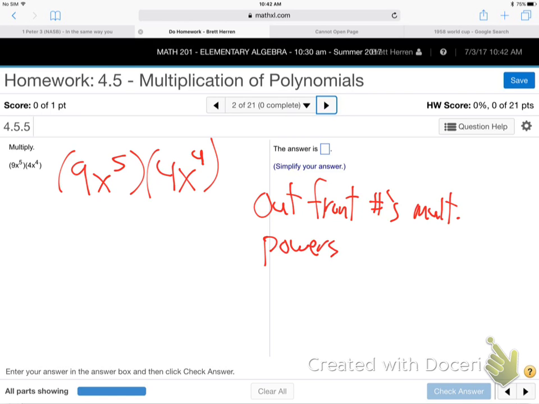And what do the powers do? What's the little 5 and the little 4 going to do? They're going to add, huh? Out front numbers multiply, powers add. So 9 times 4 is 36, and the powers are going to add to be 9. Like that. And there we go.